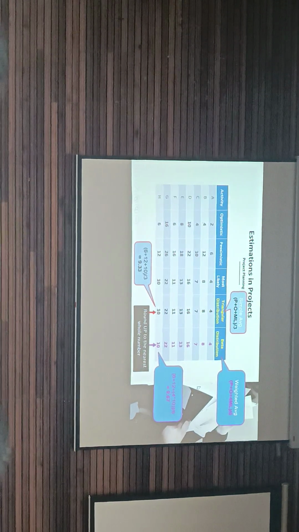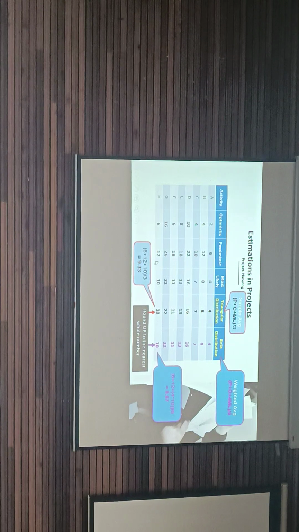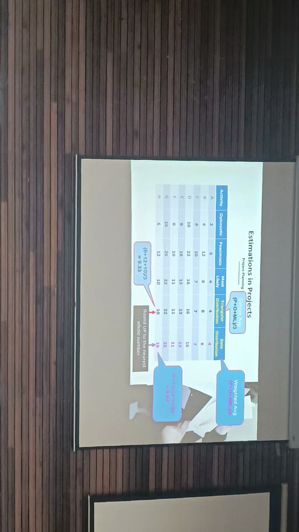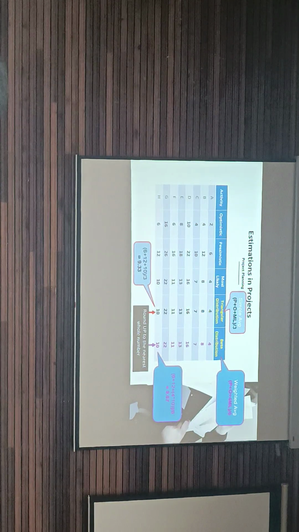Okay, so whatever you get, you round up to the nearest whole number. Whole numbers are numbers without a decimal point. 9.3 rounded up to the nearest integer is 10. 9.7 rounded up to the nearest integer is 10. So in your project schedule, you don't key in a duration of 9.3 days or 9.3 weeks. It's not a good idea.